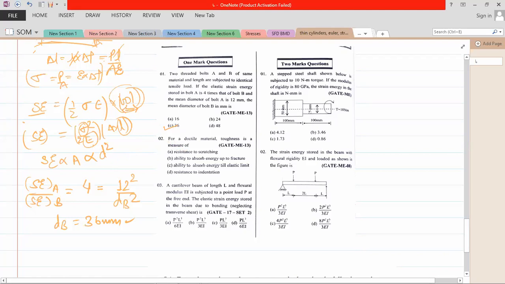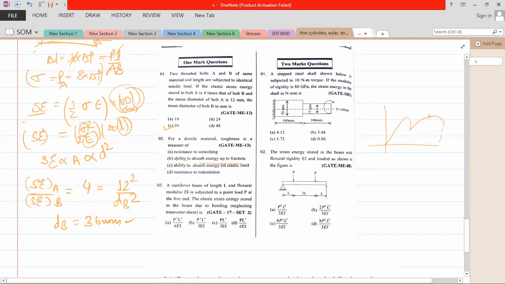For a ductile material, the toughness is a measure of what? So I will explain what is resilience, what is hardness, what is toughness. Toughness is the ability to absorb energy up to fracture, because it is the area under the whole stress strain curve. So this is your area, and this is equal to the toughness.